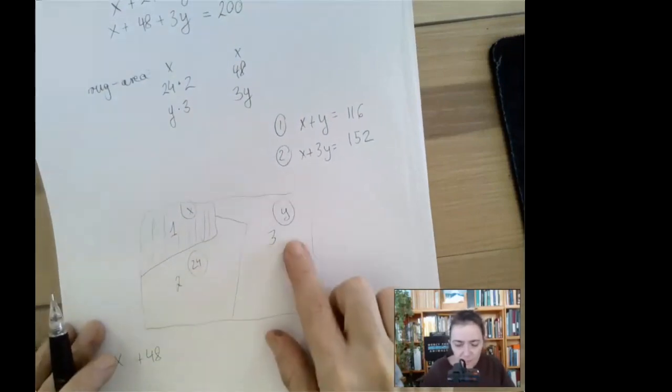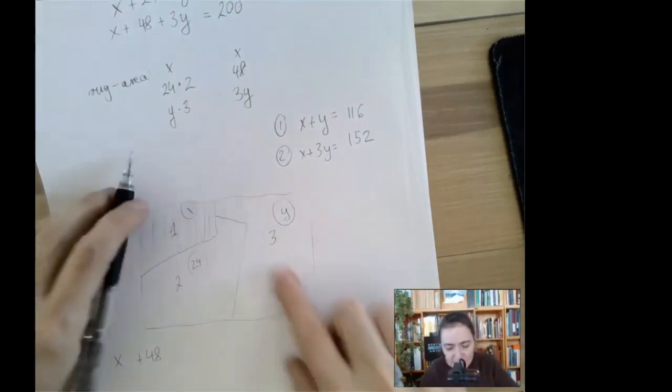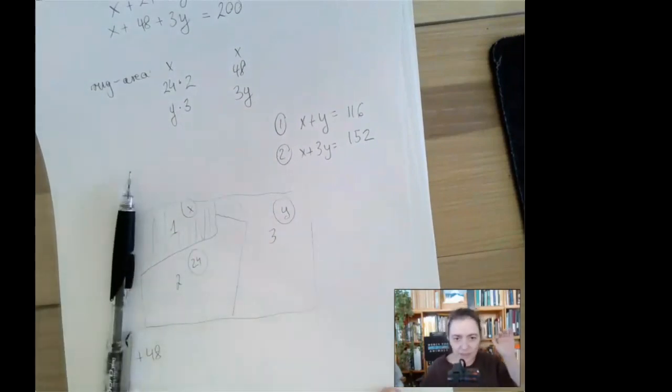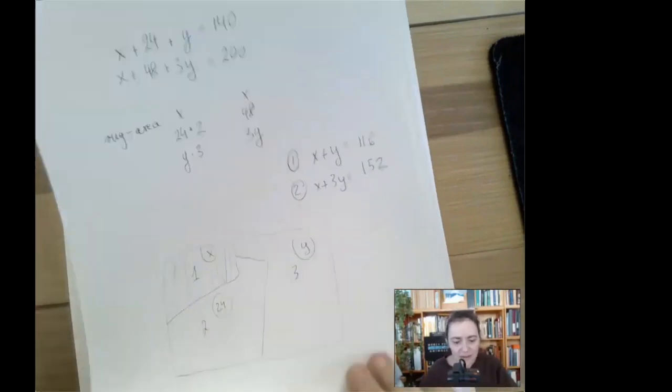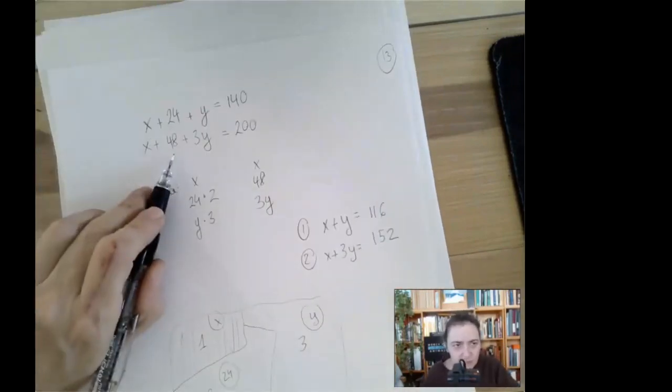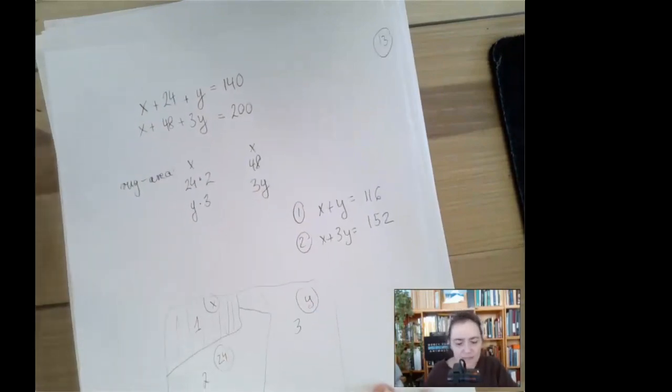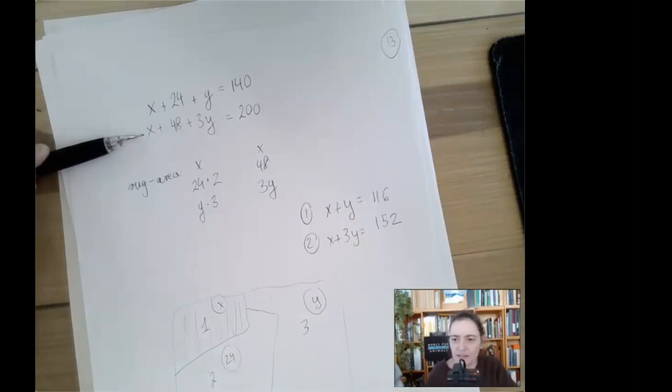So the floor area of this is y, but the rock area is 3 times y. And that's how 1 times x plus 2 times 24 plus 3 times y equals the rock area. This is the heads, this is the legs, so to speak.